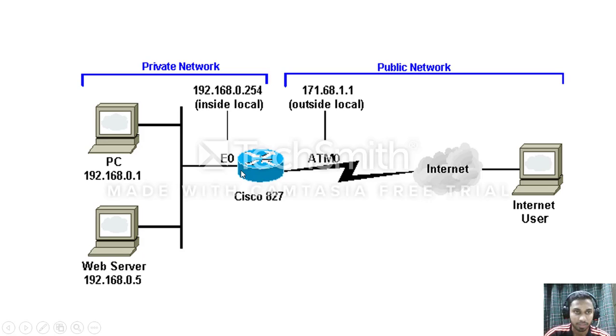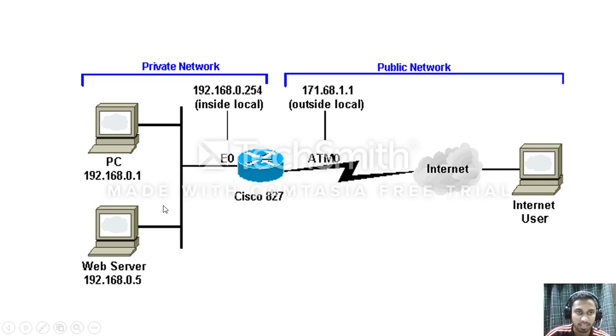For example, right now we have the IP address 192.168.0.1, which needs to be translated from here to here.